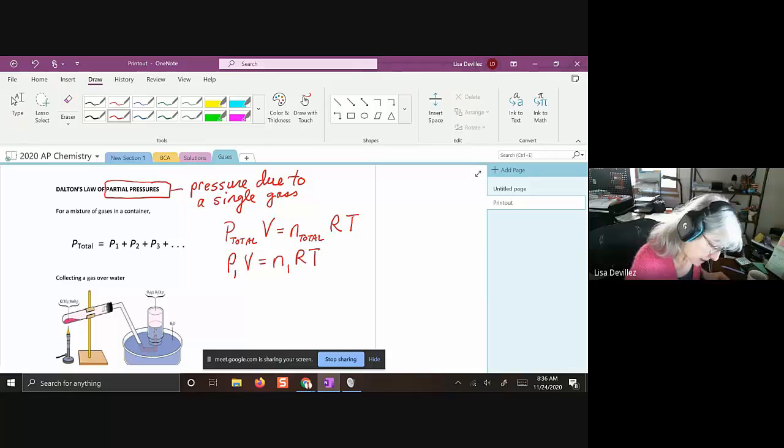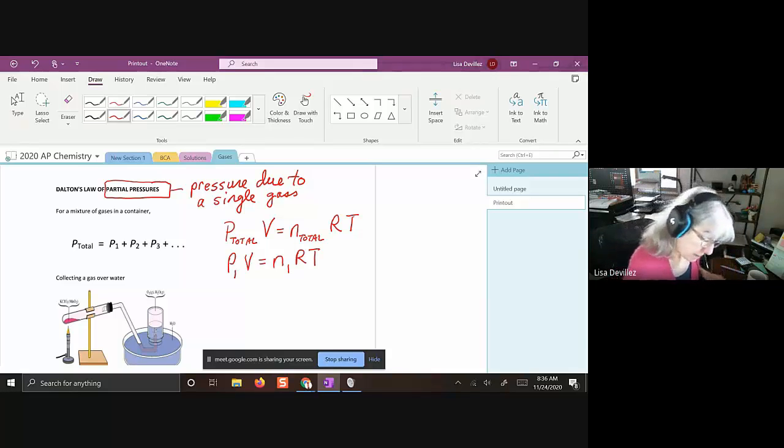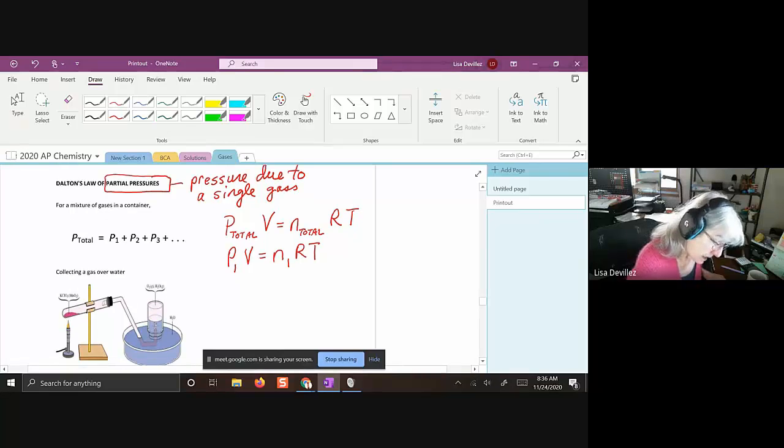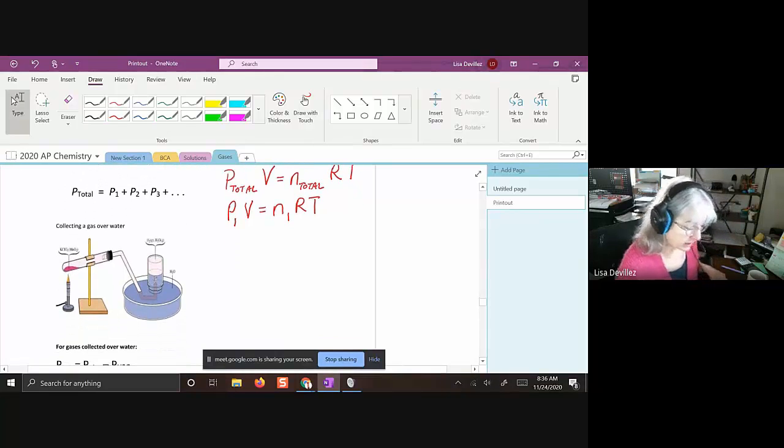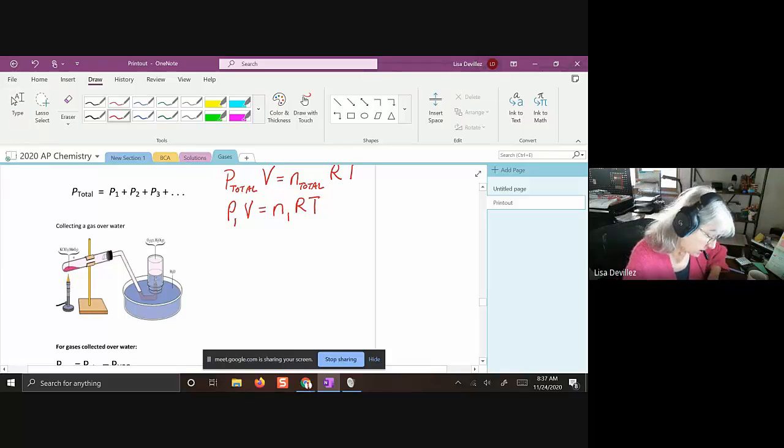A process that we do, hopefully we will get to do this in the spring in the lab, is when we generate a gas and want to use that gas for something. Collecting a gas over water is a really common, easy way to get a gas to use later. This is just an example here.